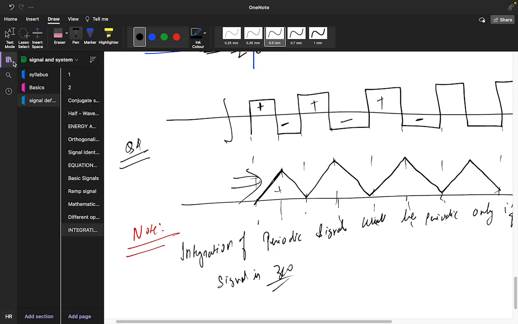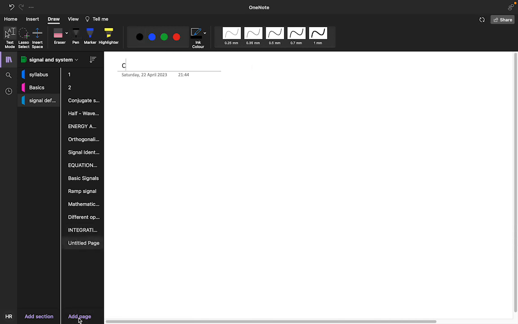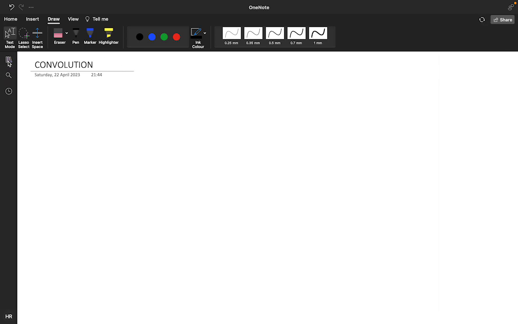Okay, so we are starting the new topic, convolution. Write the formula of a convolution. Convolution is nothing but intermixing of the two signals. So y of t is x1 of t convoluted with x2 of t.